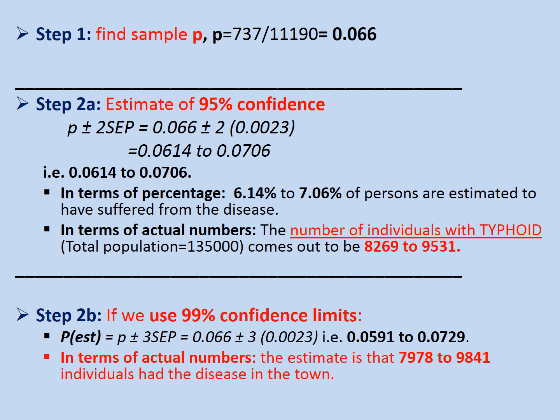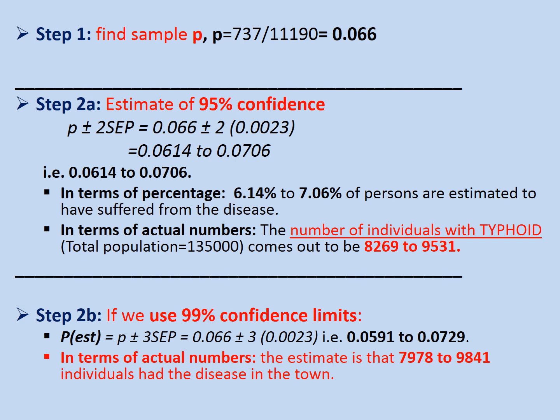After that, there is the second step. First we calculate with a 95% confidence limit, and after that we will calculate for the 99% confidence limit. Usually we use the 95% confidence limit to calculate the range of the persons affected with typhoid in the whole population. The formula is sample p, that is small p, plus or minus 2 standard error of proportion.